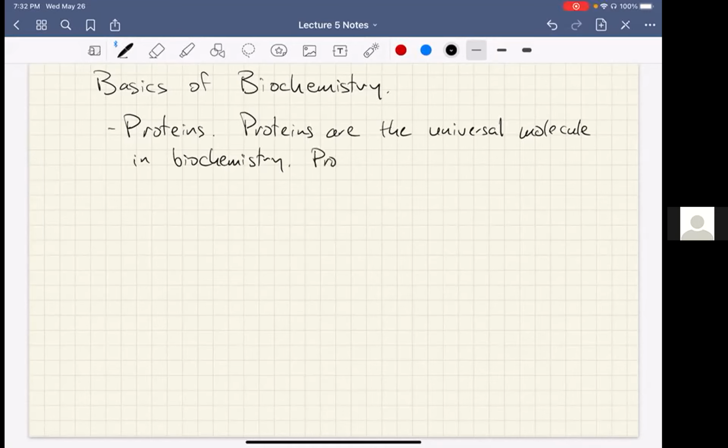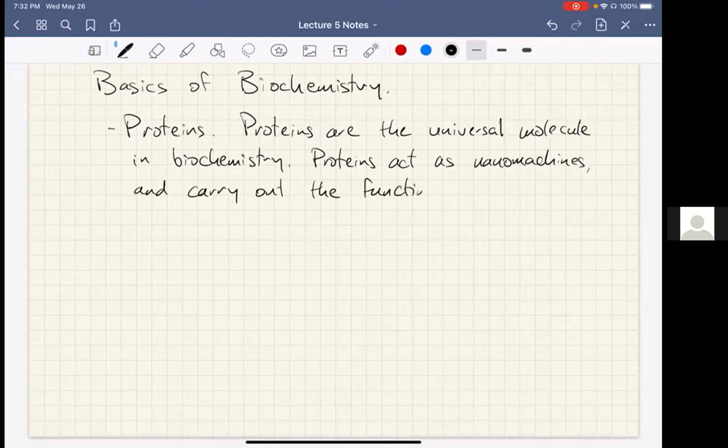Proteins act as nanomachines and carry out the functions of the cell. So within an individual cell, there are millions of specialized proteins that are continuously performing the actions that are required to keep the cell alive, basically doing all of the processing that's required to maintain the cell. So it's fair to ask, what is a protein?